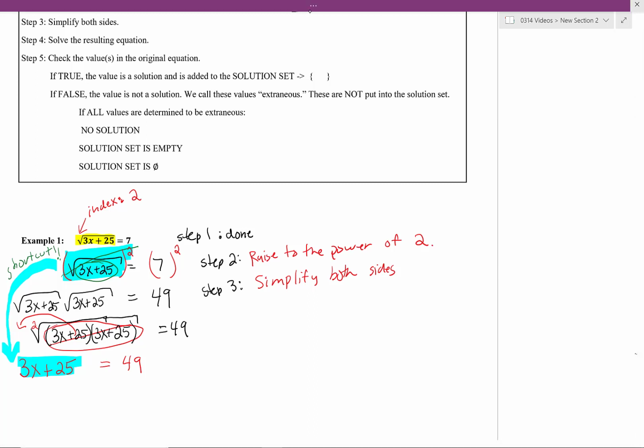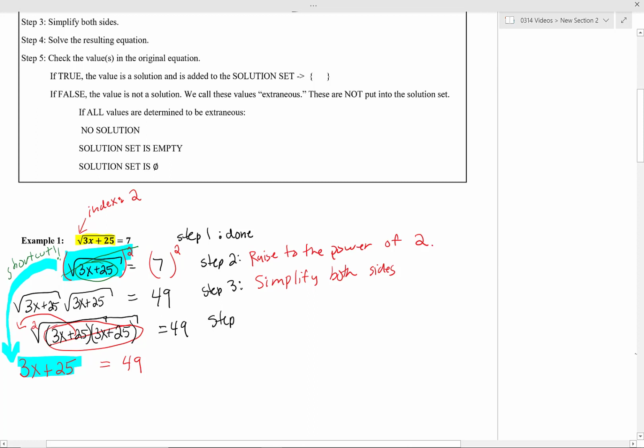All right, step 4 says we need to solve the resulting equation. So we want to solve this equation here. All right, we have 3x plus 25 equals 49. Okay, we want to get x by itself on one side.